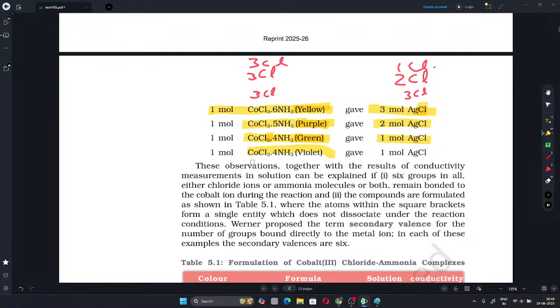Even though the empirical formula is the same, the color is different because it's an isomer. It gave 1 mole of AgCl. Here as well, it had 3 chlorine but only gave 1 chlorine when the reaction took place.